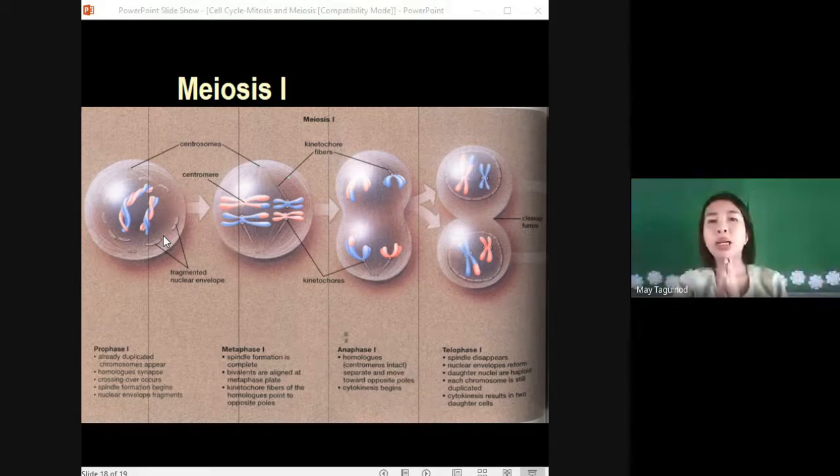What you can see in the illustration is this one. In metaphase 1, the homologous chromosomes line up together in pairs. As you can see, the chromosomes are at the equator of the cell.